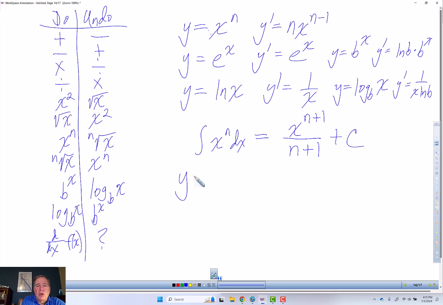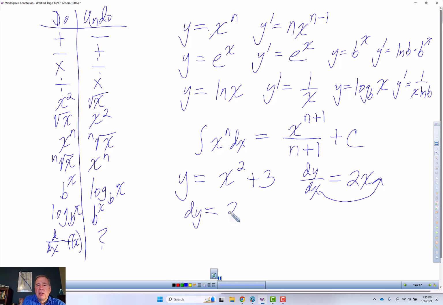Let's say I had a function y equals x squared plus 3. If I did the derivative of that, I said dy over dx equals, I would bring the 2 to the front using the power rule, 2 times x, I'd subtract 1 from the 2, so I get a 1 that I normally don't put, and the 3 disappears. Now, if I take this dx and multiply it times both sides, I get dy equals 2x times dx.